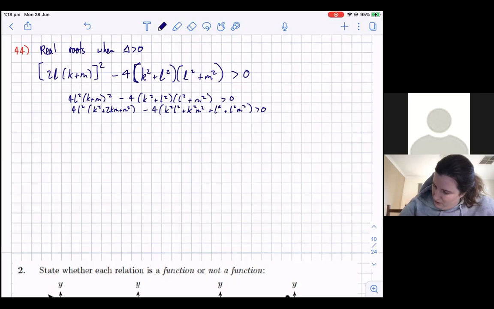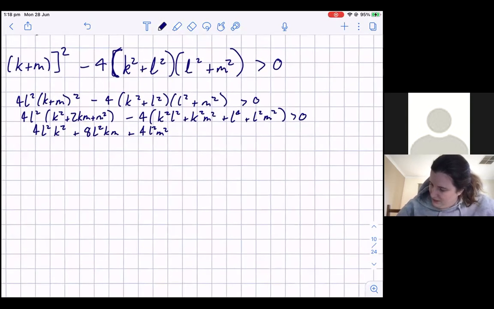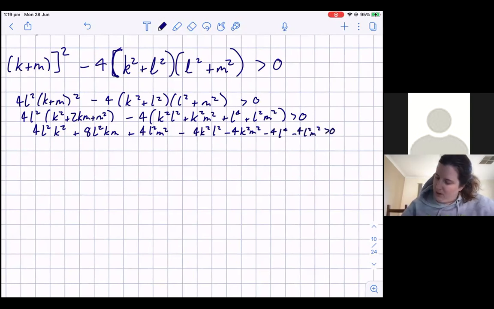All right. 4l squared k squared plus 8l squared km plus 4l squared m squared, take 4k squared l squared, take 4k squared m squared, take 4l to the 4, take 4l squared m squared, bigger than 0.